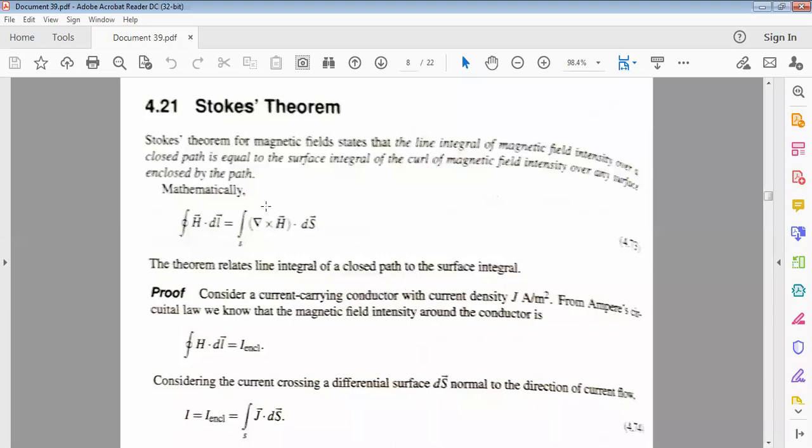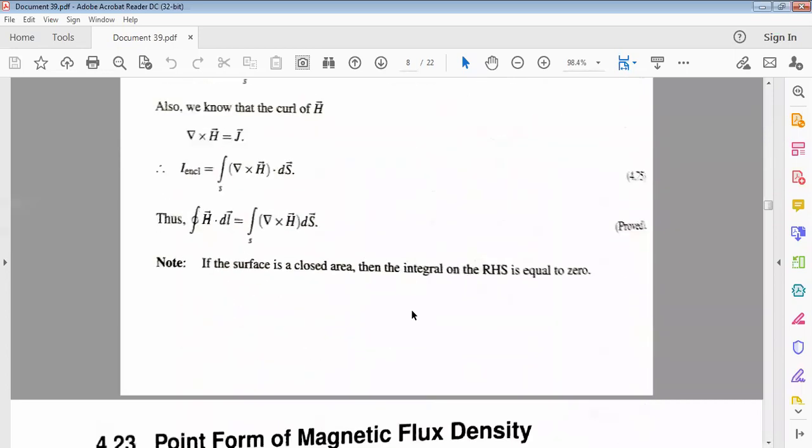That is the line to surface conversion. Applying a curl according to Stokes theorem, by simply putting a curl factor here. And this is the proof.